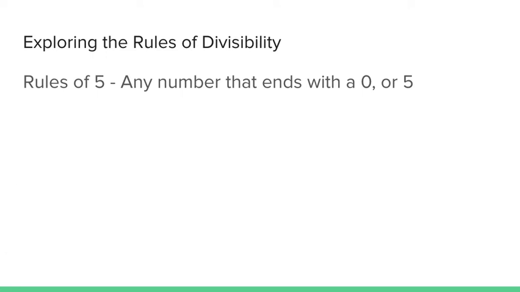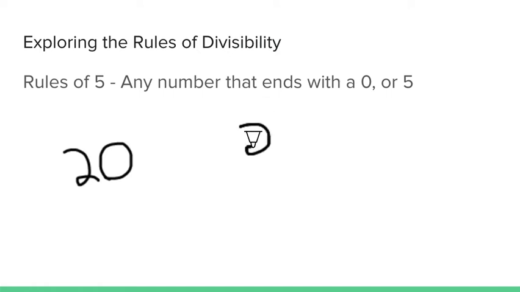Now we'll deal with the number 5. This one's pretty straightforward. Any number that ends with a 0 or a 5 is divisible by 5. That number could be as small as 20, or even smaller, obviously, or it could be a way bigger number.